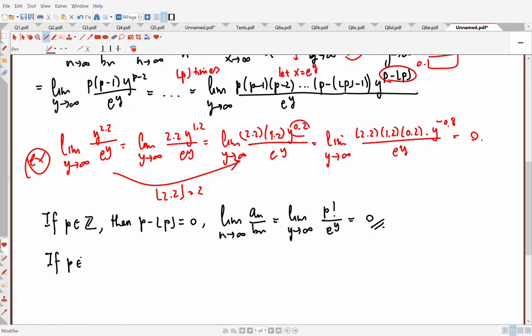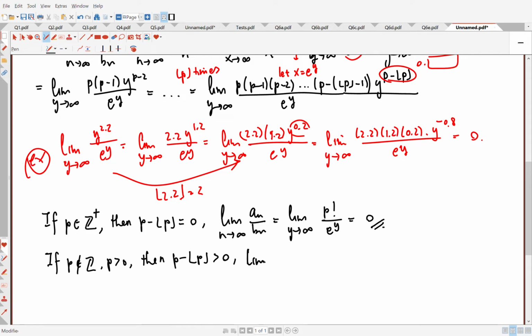If p is not an integer, but positive, where p is more than 0, then p minus floor of p will be more than 0.